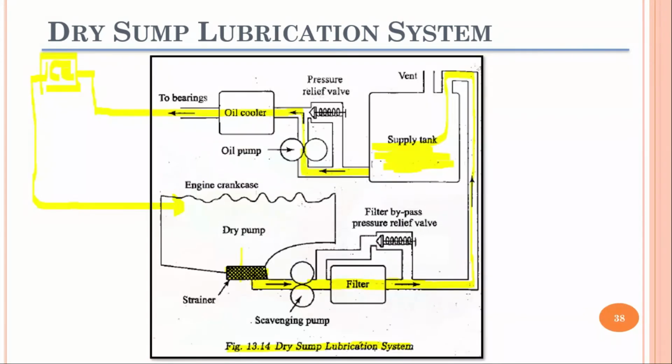So here you can see that after the lubrication, the oil will come back to this storage tank, where it is pumped by the scavenging pump into the supply tank, and then from the supply tank, the oil pump will take the lubrication oil and pump it to the essential components of the IC engine, by passing it through the oil cooler as well.